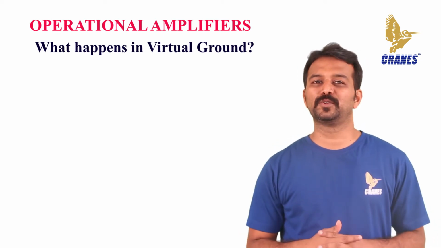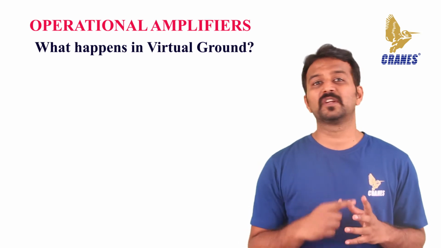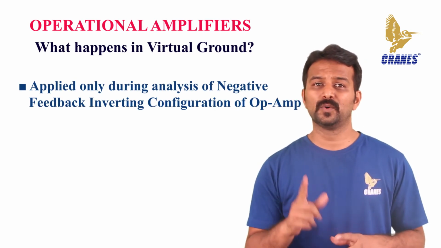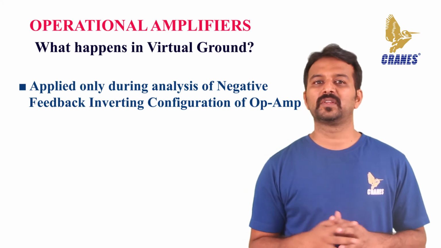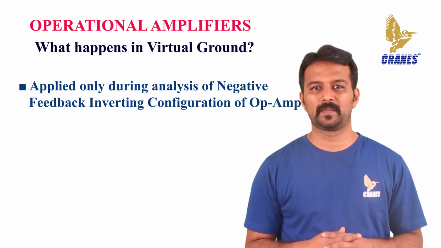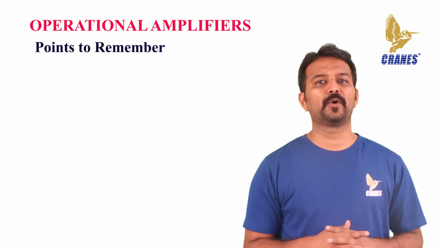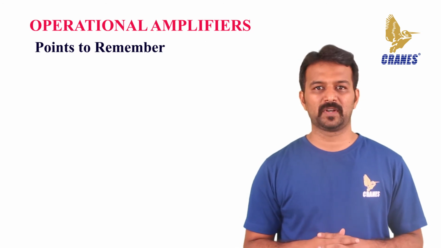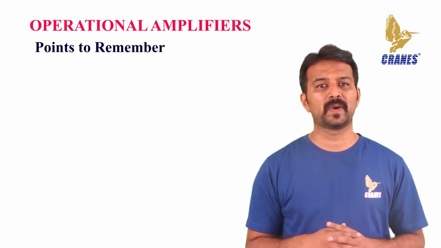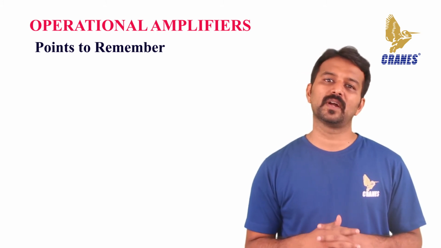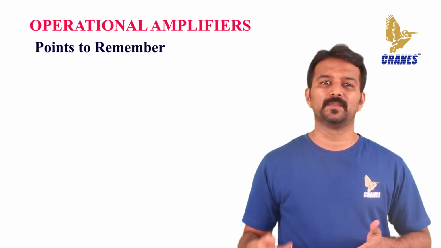An important thing to be noted here is that the virtual ground concept is applied only during the analysis of the negative feedback or the inverting configuration of the op-amp. There are a few points to remember about an inverting amplifier. An inverting amplifier circuit employs negative feedback and produces an inverted output with respect to the input.